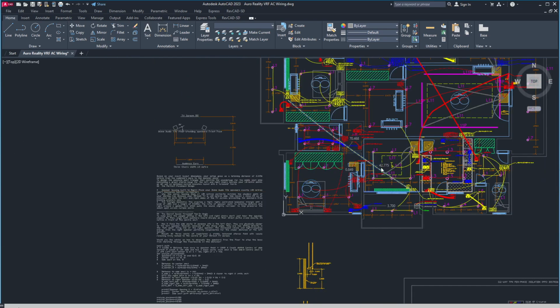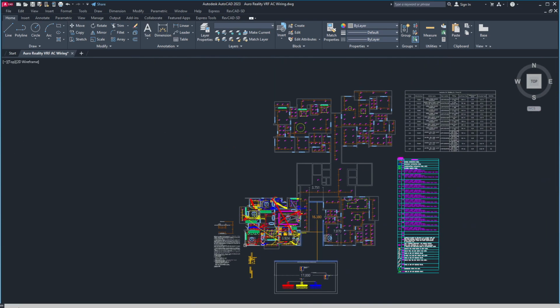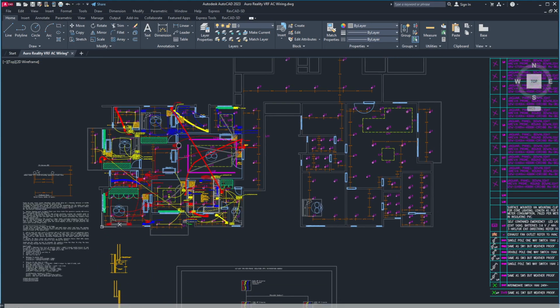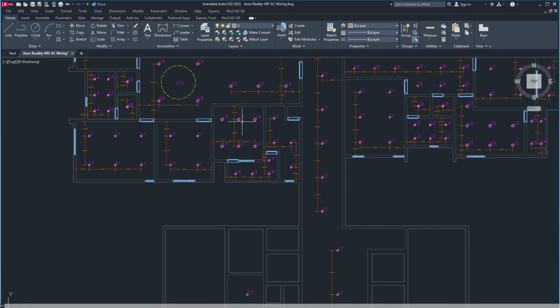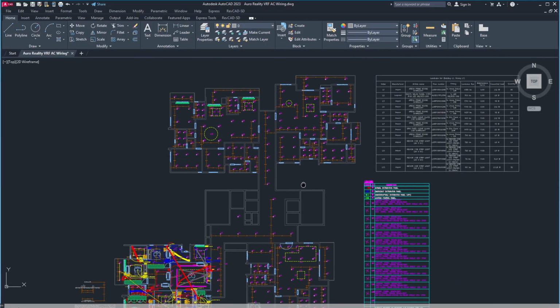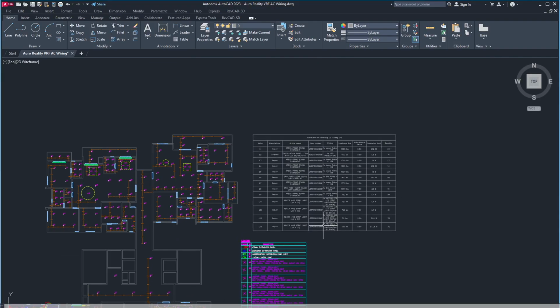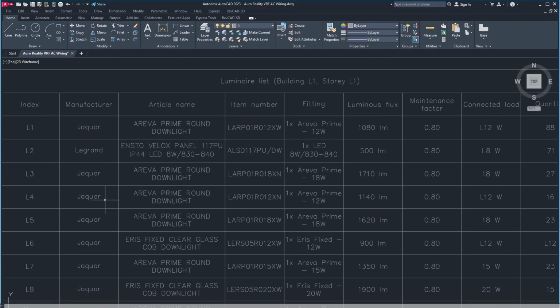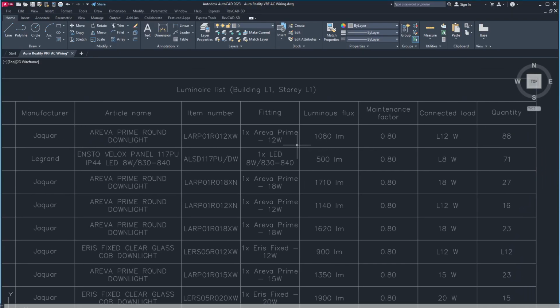And this is the wiring. This is the wiring for this, the entire floor. And these are the lights which we have placed in DIALux.